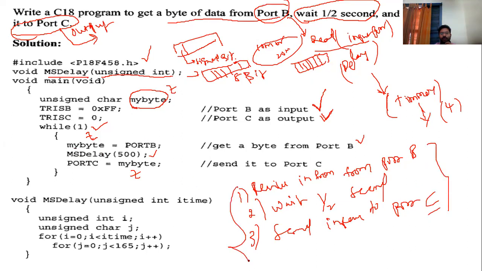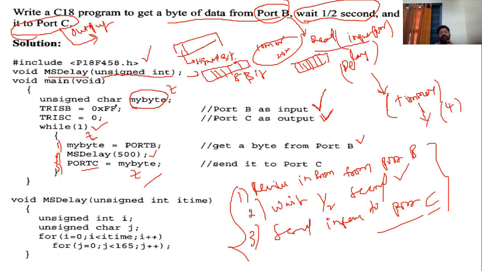Point 1: you receive the information from port B. Second: you put the time delay between the receiving and sending functionality. Third: you send the information to port C.